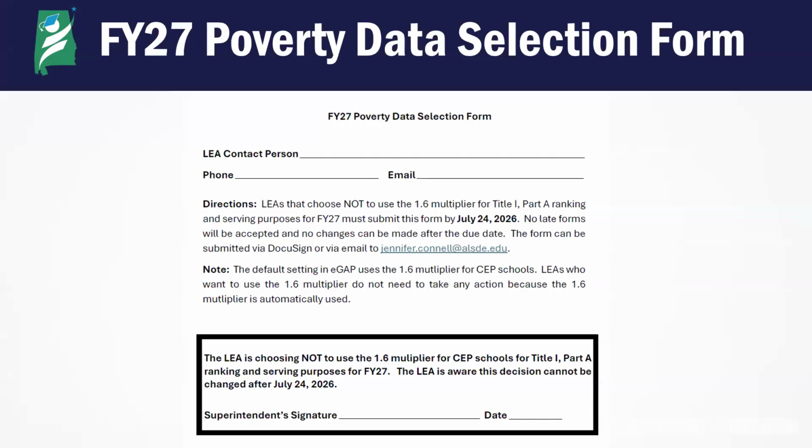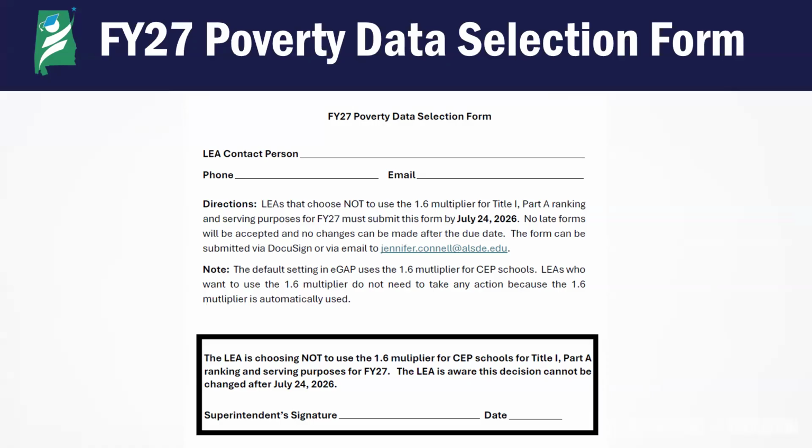In the email, there's a link and you can sign up for that time slot, and we can look at your individual information and the impacts that it would have, and you can tell me what your LEA specific goals are, and we can decide what would be the best route for you in your specific situation.